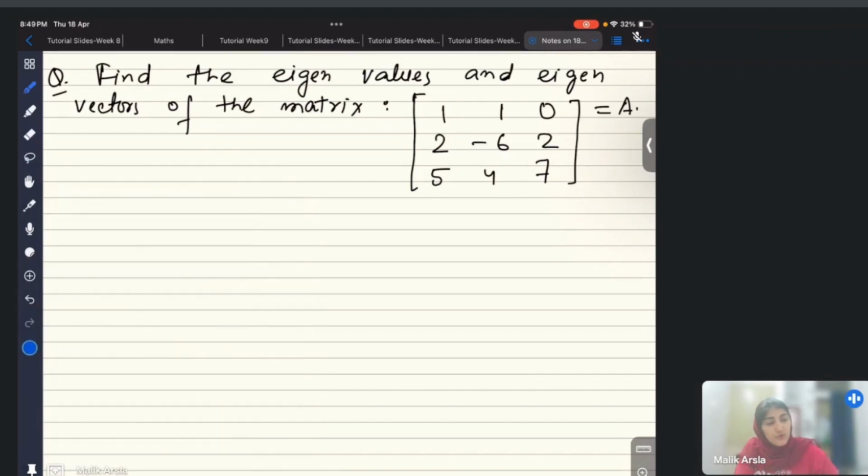So first of all, we find the characteristic equation, that is, the determinant of A minus lambda I is equal to 0. You can quickly try to find this, then we can go through the solution.